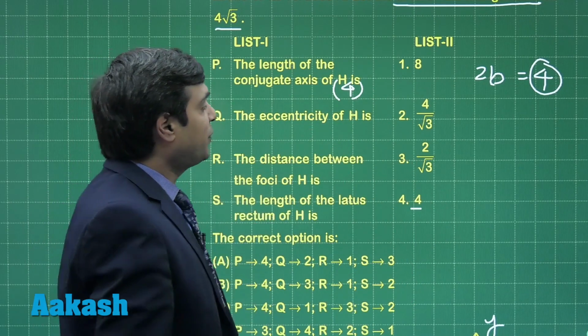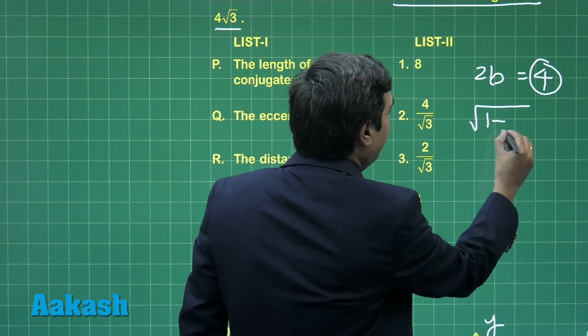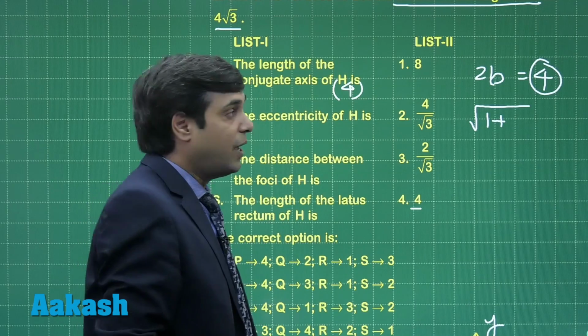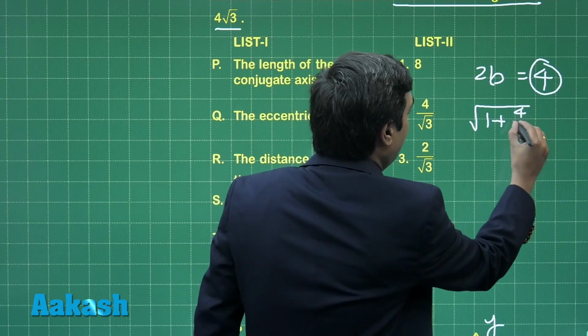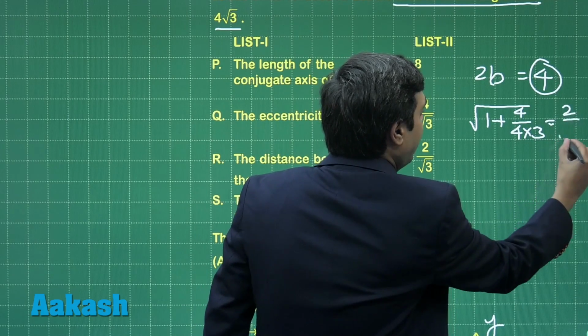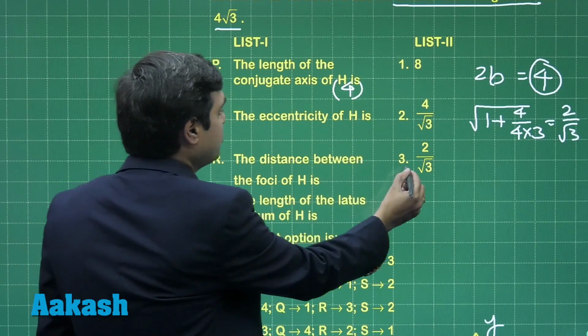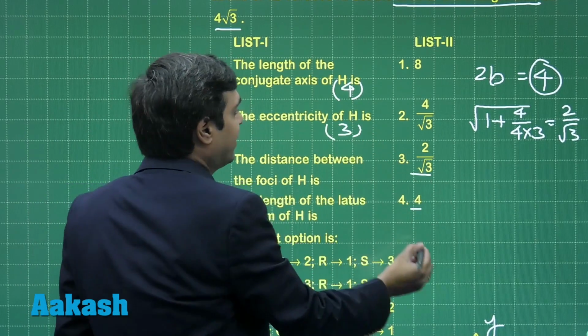The eccentricity of the hyperbola, eccentricity is given by square root of 1 plus B square by A square, meaning 4 upon 4 into 3, that is 2 divided by root 3, right. So, eccentricity is 2 by root 3, meaning for Q it is 3.